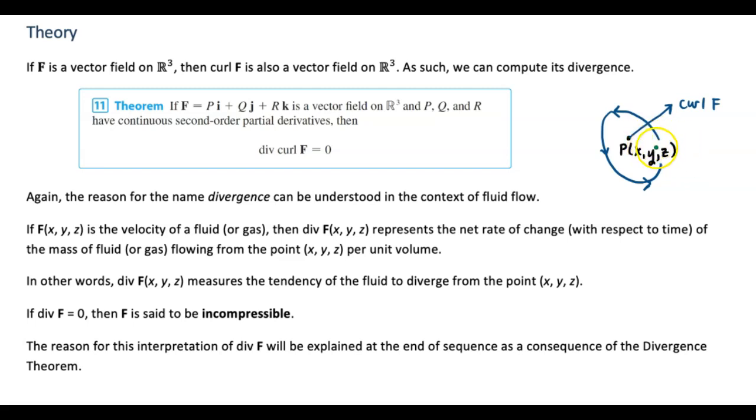When you let go, you're more than likely going to be pulled apart from each other. So there's some divergence there. Divergence is the tendency to pull away from this particle, so we're moving outward.